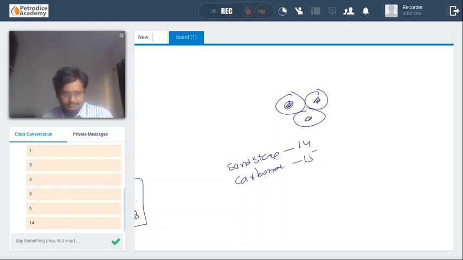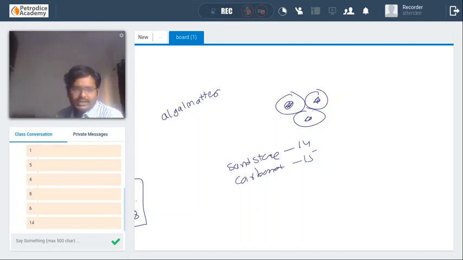Next is, guys, let us come to the third set. Which particular porosity is due to algal matter? In the third set, which particular porosity is due to algal matter? Algal matter or biological substance. It's a very important one.